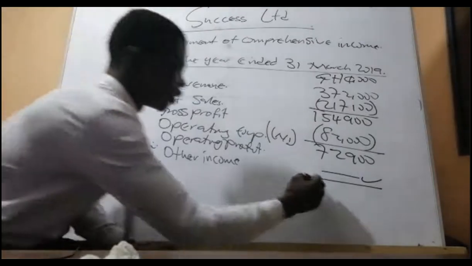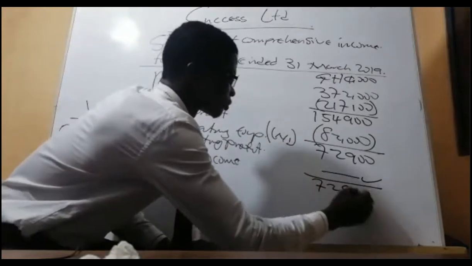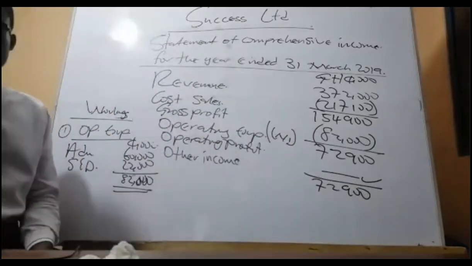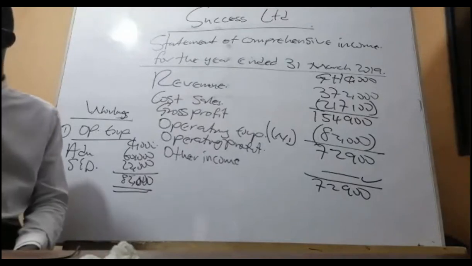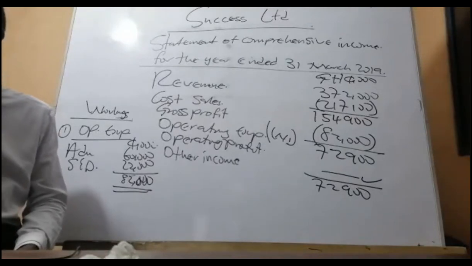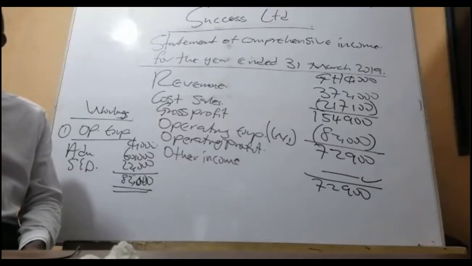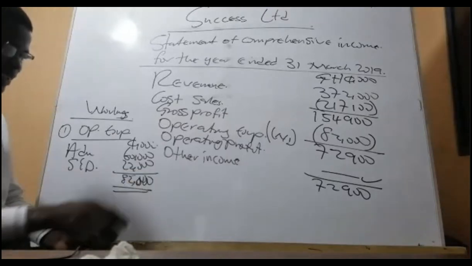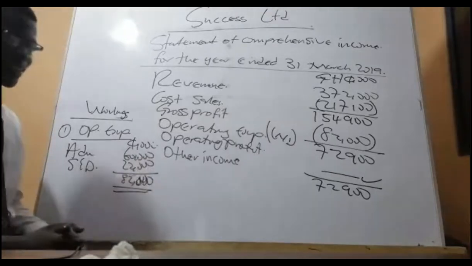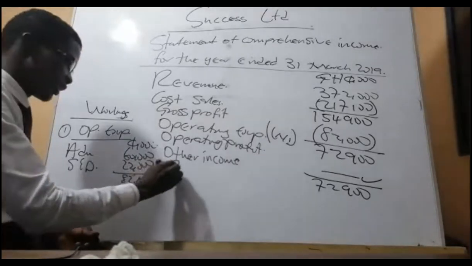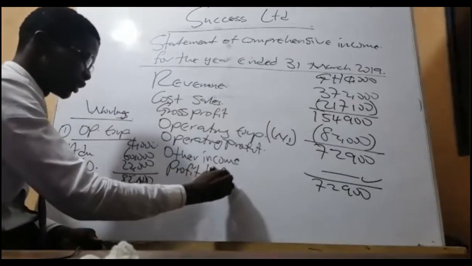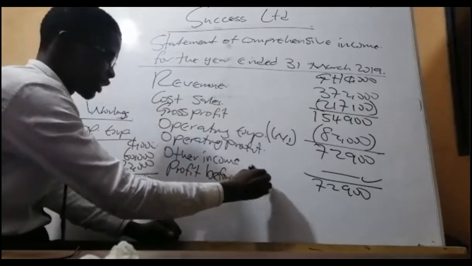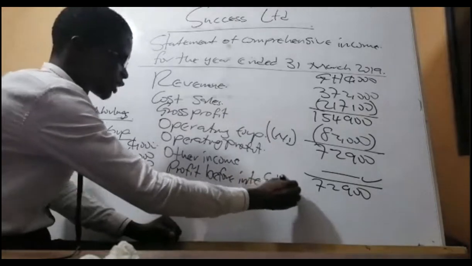So that's all. What do you get? Then what's the name I want to give it? Okay. What's the name you are going to give this figure? Okay, so this profit is before interest and what? Tax.